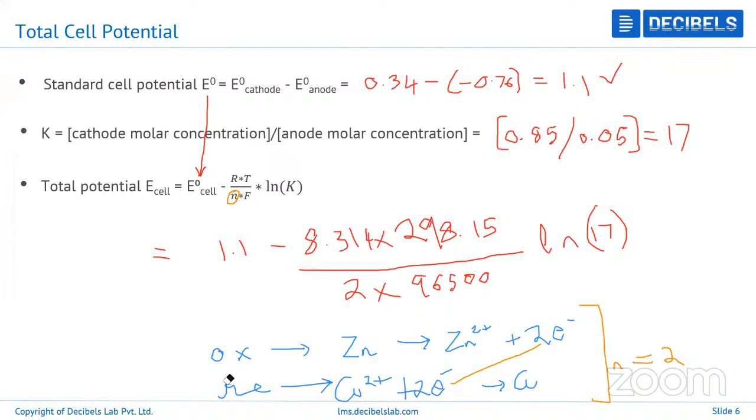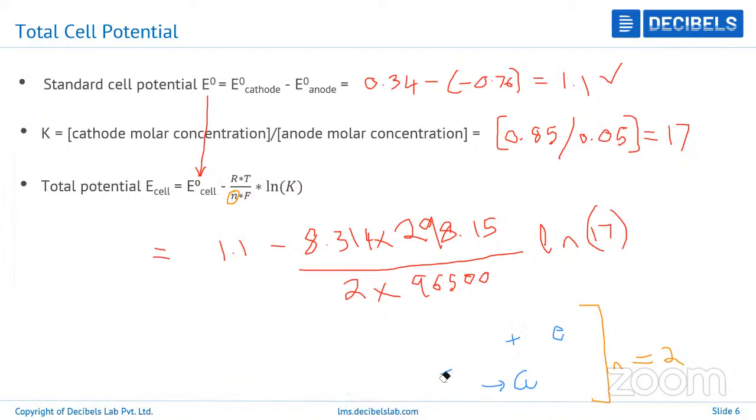And your final answer will now be 1.1 minus 8.314 by 2 into 96,500, times ln 17. So you should get an answer of 1.061 volts. Is everybody getting that answer?